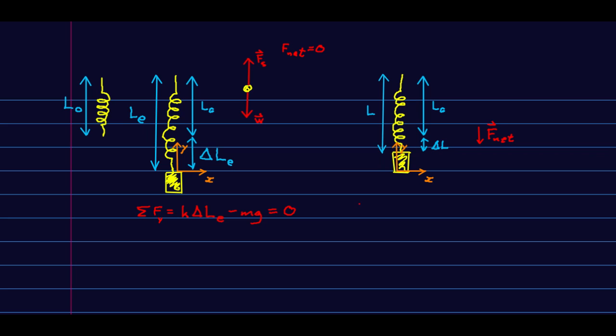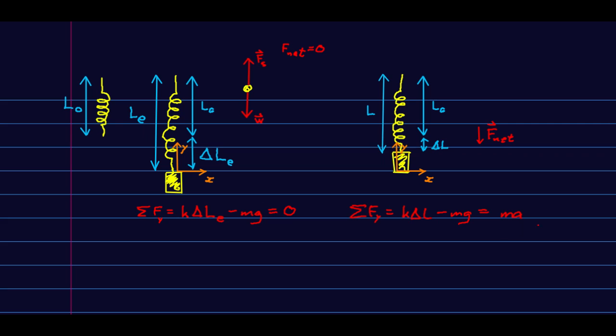And so that means our sum of forces in the y is still k delta L, not delta L_E now. It's not that particular special delta L. It's just any old delta L, minus mg, equals, and it doesn't equal 0, it equals ma.